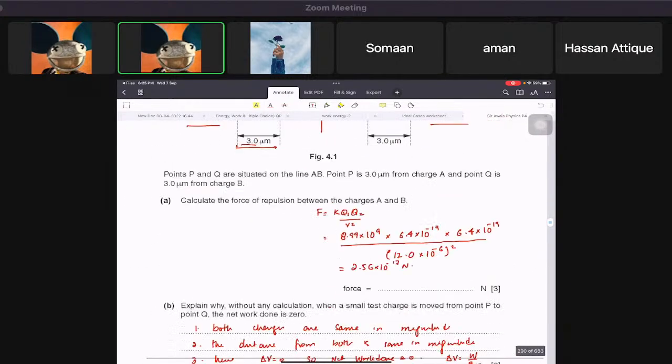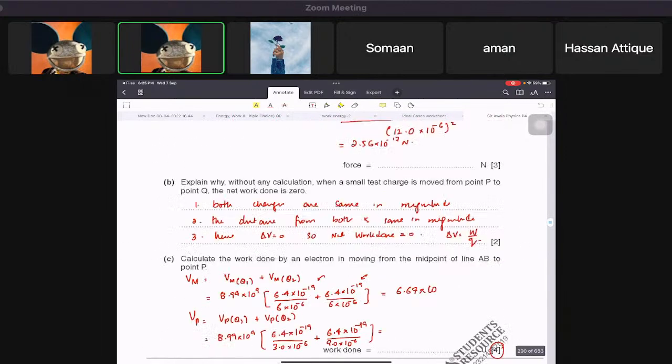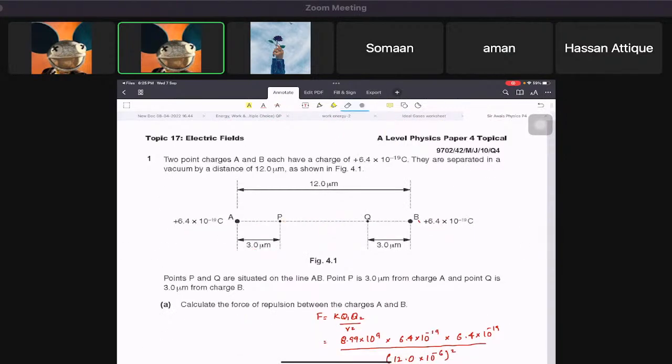I wanted to do basically this question first. It's a very good question, actually. I'll show you where the worksheet is.